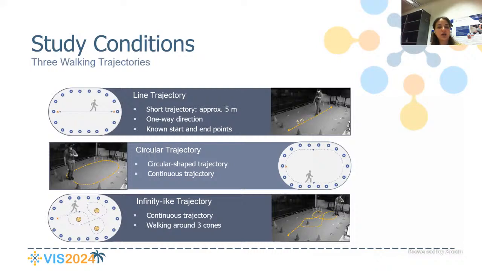Then participants also had to walk along a circle trajectory, then also walk around 3 cones that we placed at the center of the study room, creating an infinity-like trajectory. So for the 2 latter conditions, participants were walking continuously, and they were notified with a vibration from the smartwatch to view the visualization.